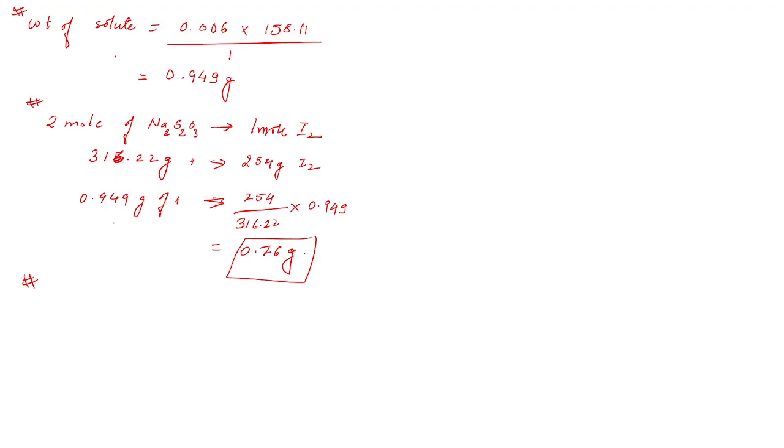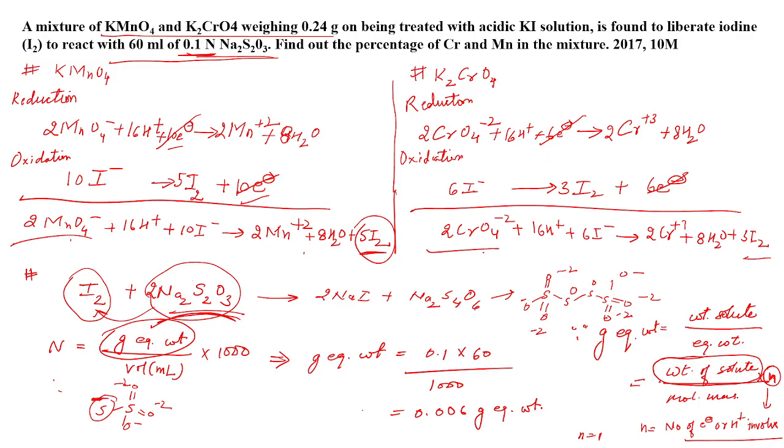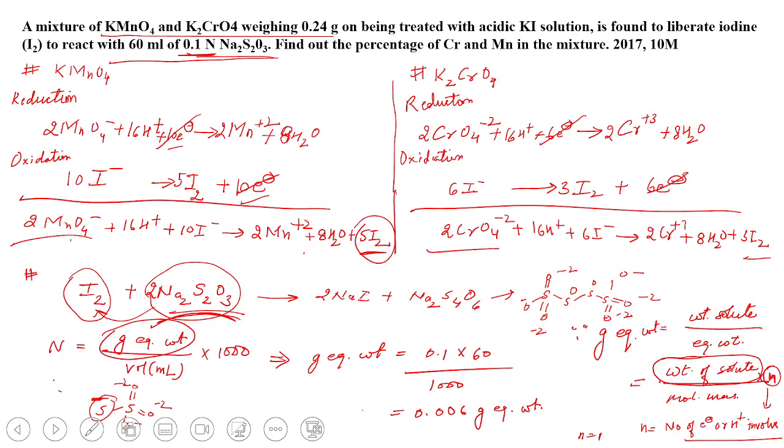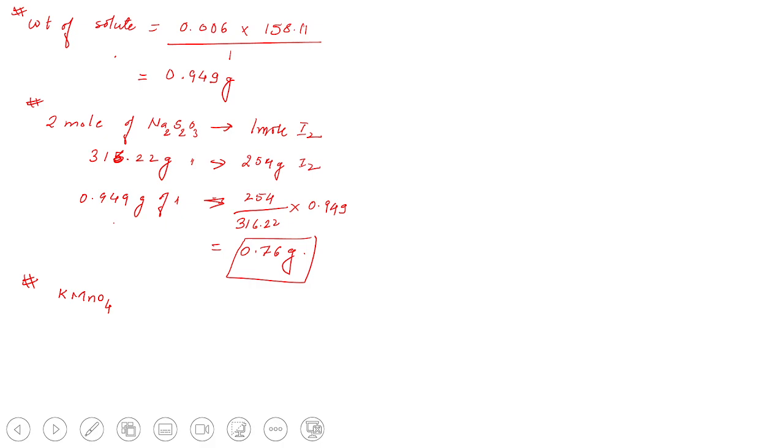Now let's see how we are going to solve this problem. First see, this 0.76 gram is part of both reactions, right? It's a part of both reactions, because it is generated from this reaction as well as this reaction. So how are we going to write it? If KMnO4 is there, in this reaction 2 moles of KMnO4 give 5 moles of I2.